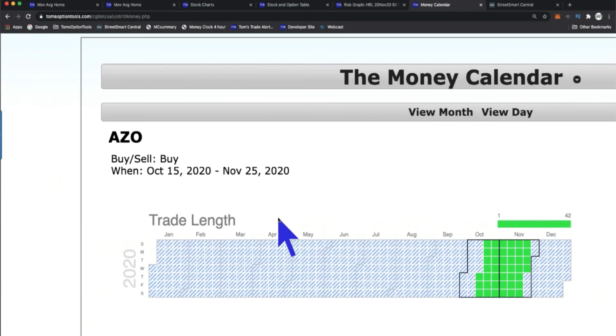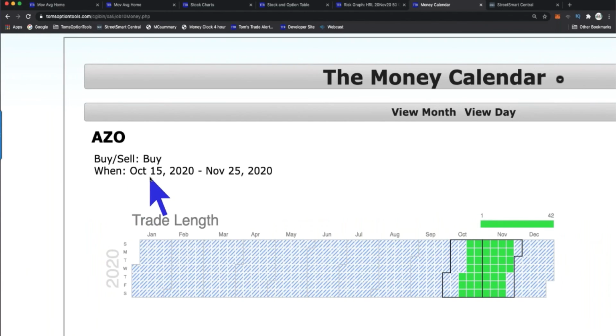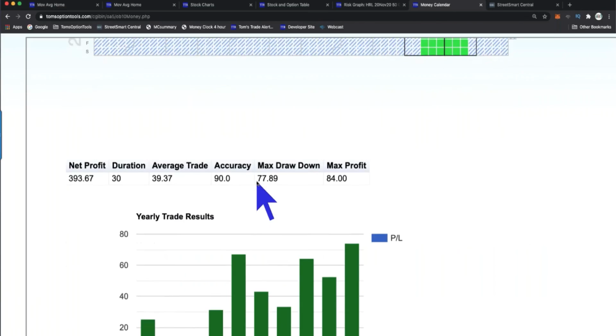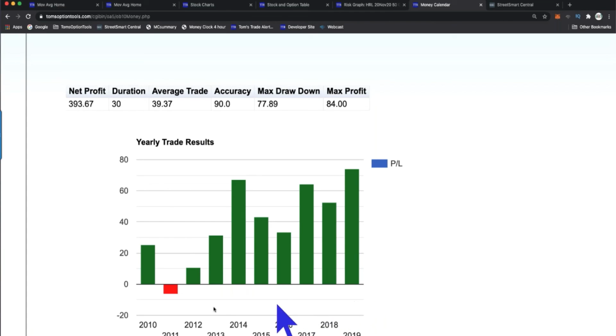So AutoZone says that this is a bullish opportunity between October 15th and November 25th. When I take a look at some more details, I see, wow, look at this. Look at all this cheddar right here, guys. There was your losing trade. The only time this pattern did not work, stock was down $6.24.